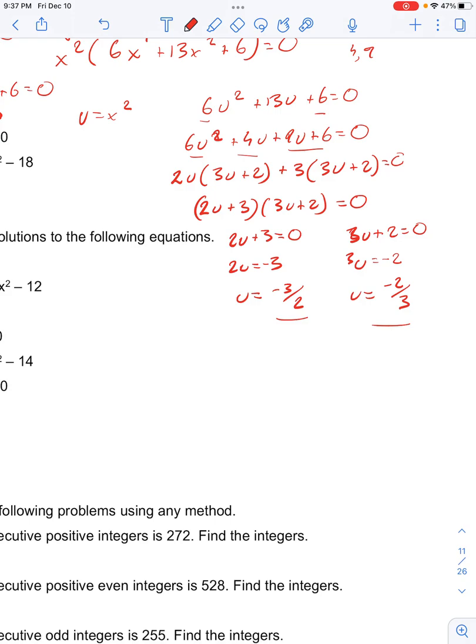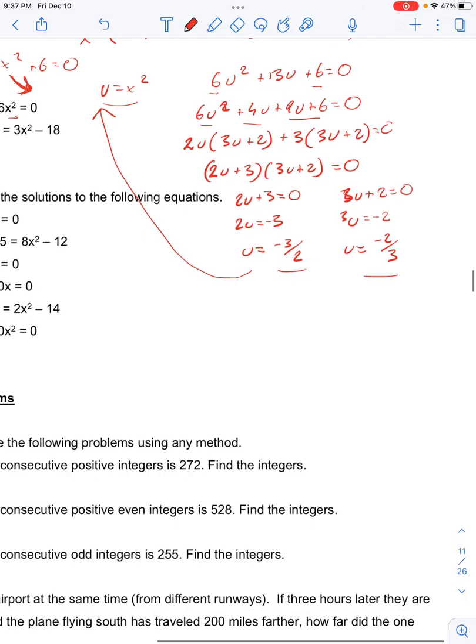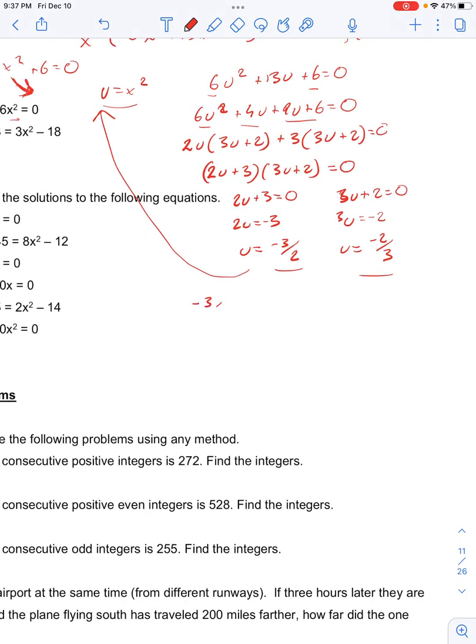If these are my u's, then I have to substitute them right back into my equation relating u to x. So negative 3 over 2 could equal x squared, and negative 2 over 3 could equal x squared.